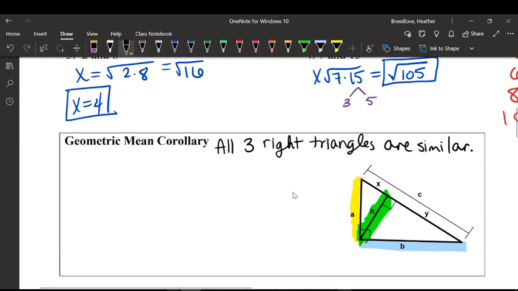So I could set this up as A, if I want to find that piece. A equals the square root of the product of 2 numbers. H, same thing. And B, same thing.